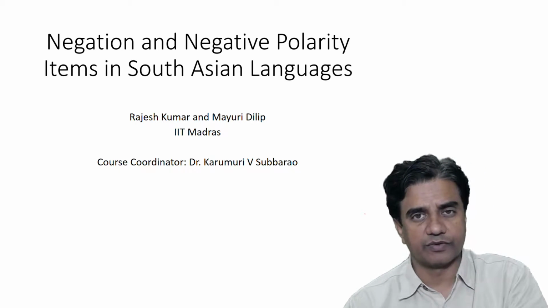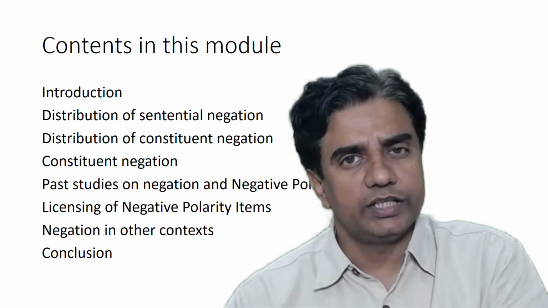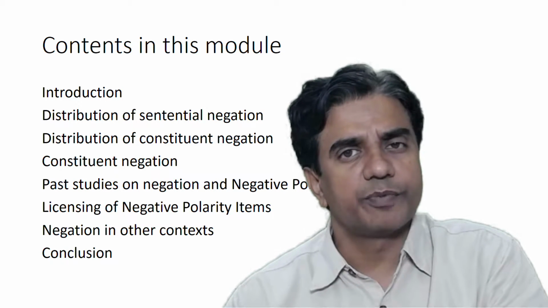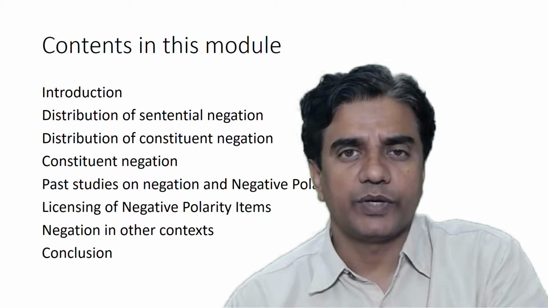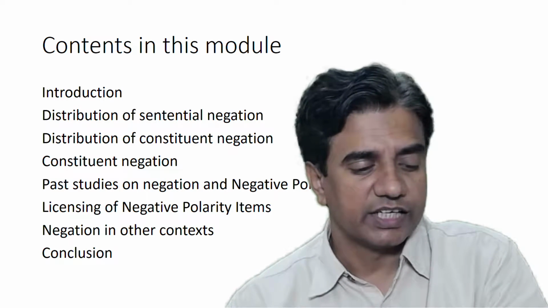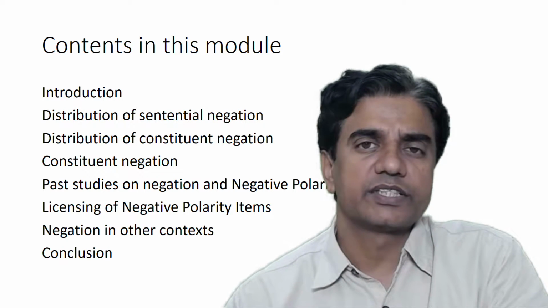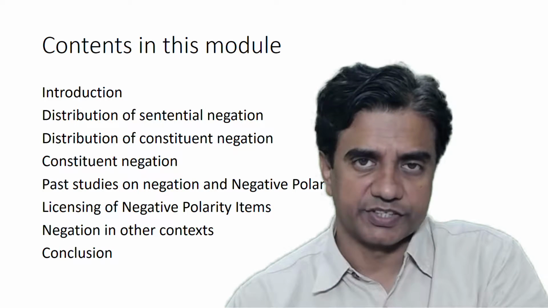And this is our goal for today, to understand, and that also with particular reference to some select South Asian languages. In this unit, we will talk about the distribution of negation, that is, how it works with sentential negation and constituent negation, and we'll take a review of some of the work done by various people in the domain of negation as well.